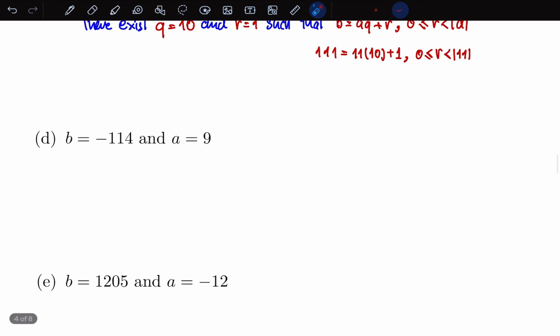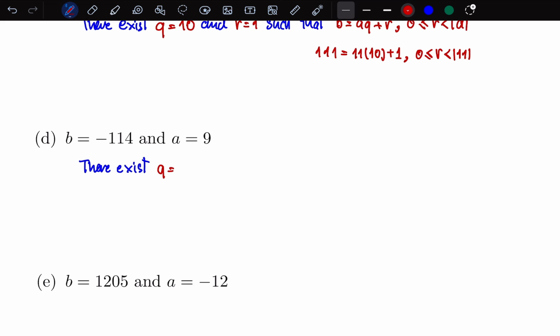Now what about the dividend being minus 114, and the divisor is 9? Remember that the remainder must be positive. So what should the quotient be?